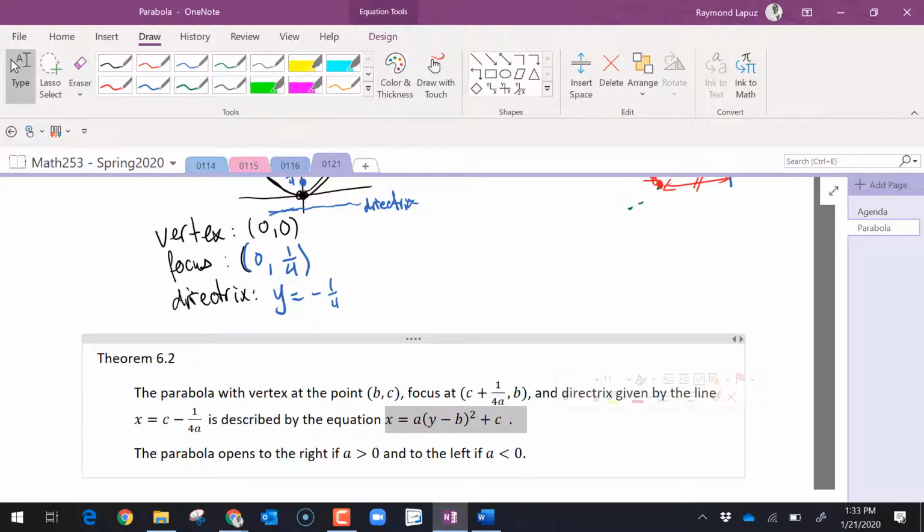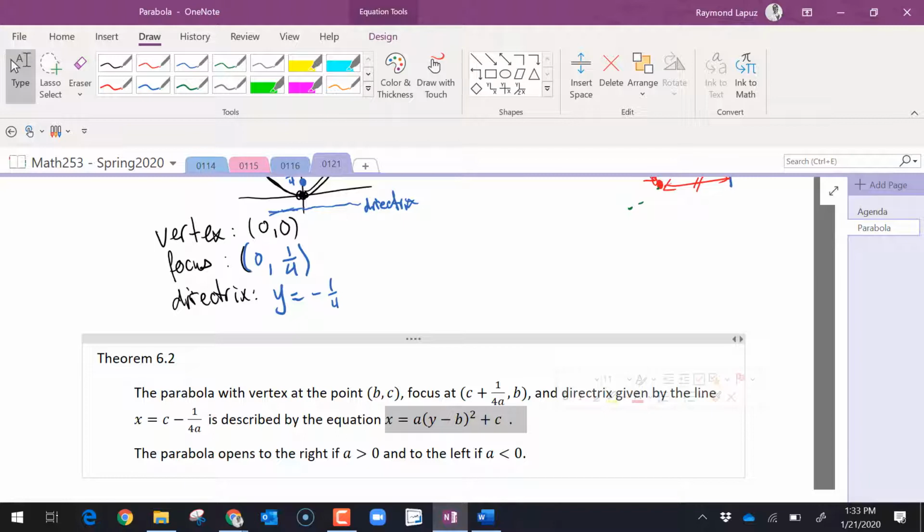But you have a similar setup as the other one. So let's make up a quadratic relationship between x and y, and let's see if we can figure out the vertex.